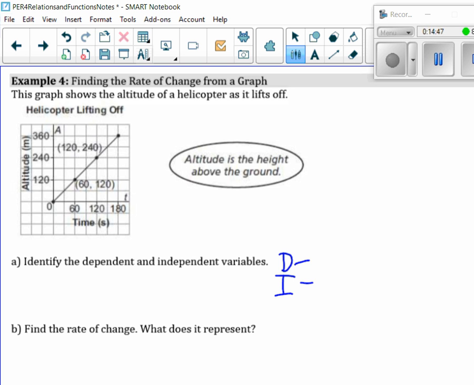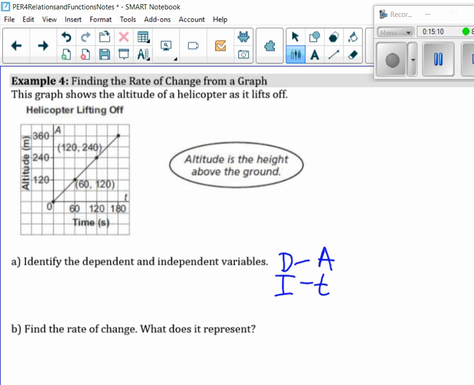Your choice is T or A. It's A. And your independent is t. And if you had no idea, if it's on a graph, it's pretty obvious. The x is always the independent or the horizontal, right? And your y is always your dependent.